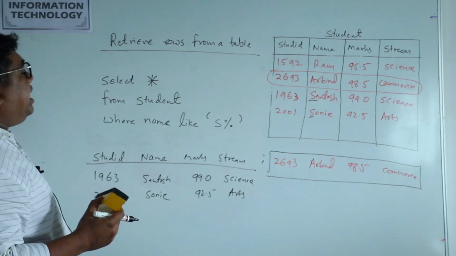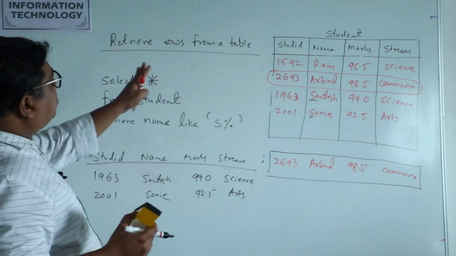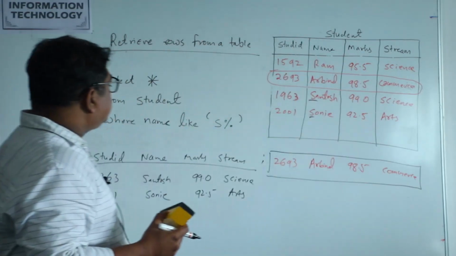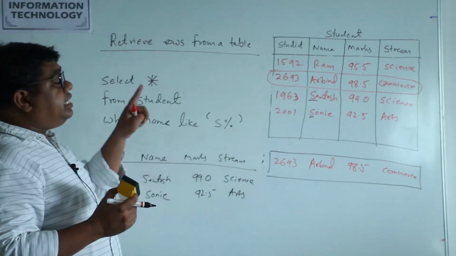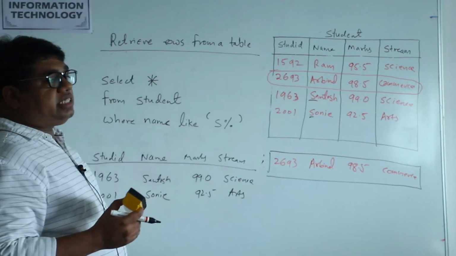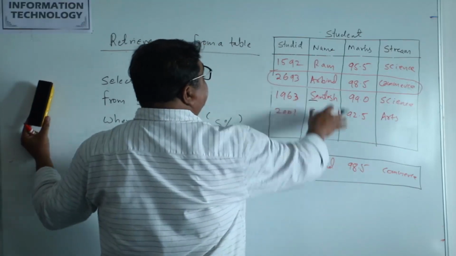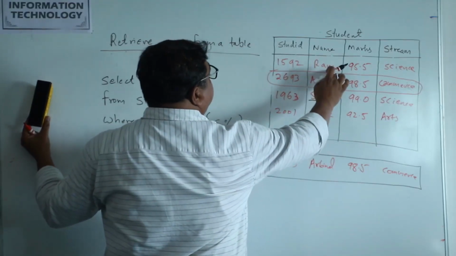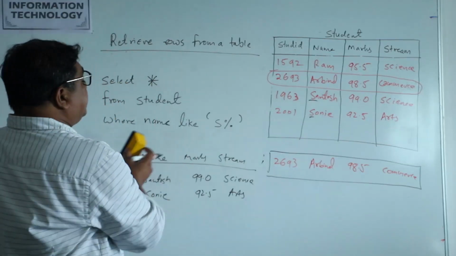Okay, suppose I ask you to display the information of students whose name is exactly 3 characters. Whose name is exactly 3 characters. That means you see, in this data, Ram is a 3 character name. So what will I write?